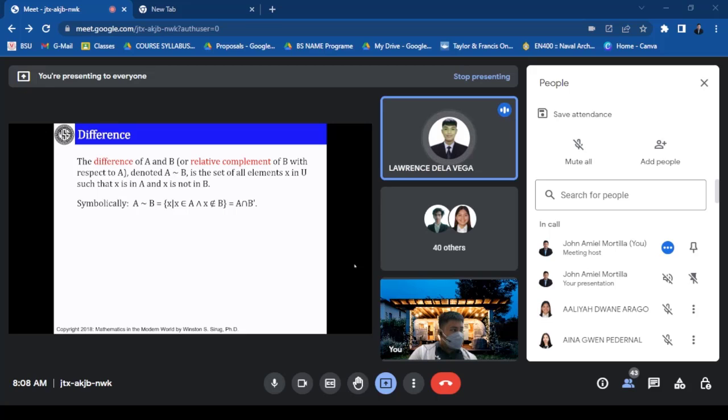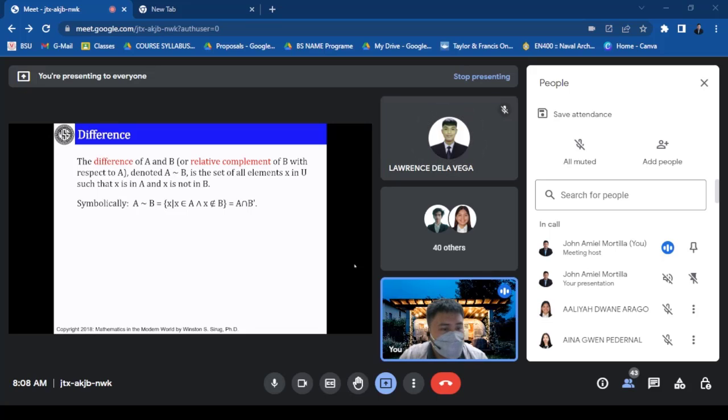The difference of A and B or relative complement of B with respect to A, denoted A minus B, is the set of all elements X in U such that X is in A and X is not in B. Okay, so ang U na sinasabi dito is universe o universal.